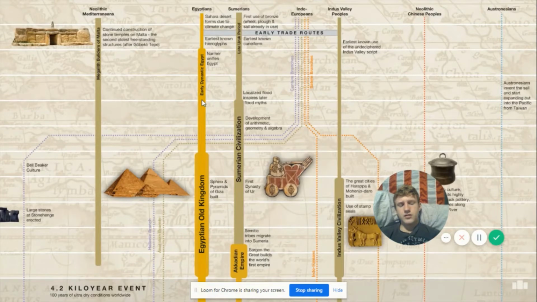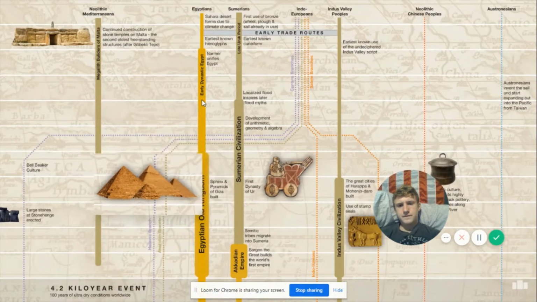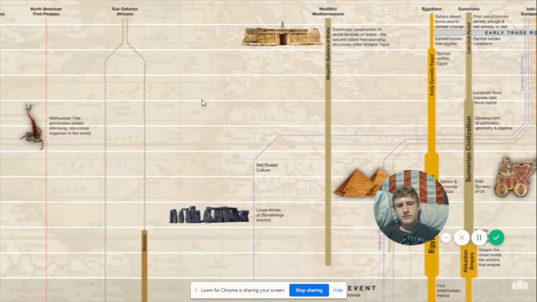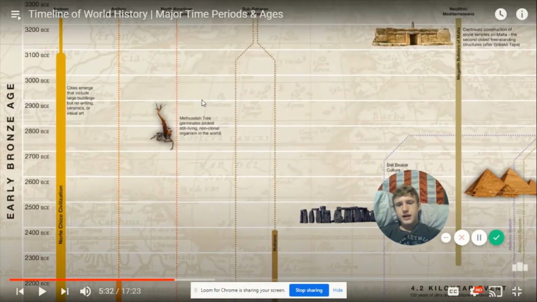Over in Egypt, it was during the early Bronze Age that the Great Pyramids of Giza were built. Besides these three civilizations, the only other place in the world to have large cities was over in what is today Peru. There, a culture, the people of the thing, you know.